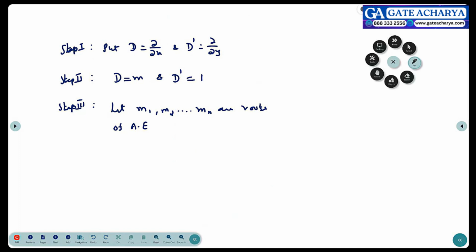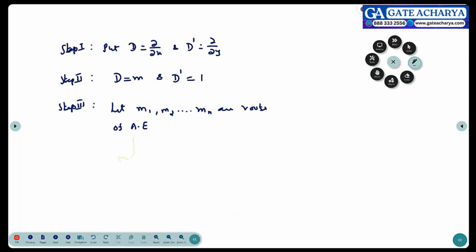So this is the process of how to solve higher order partial derivative equations. D is dou by dou x, D dash is dou by dou y. When this comes, put D as m and D dash as 1. This is an assumption, don't forget it. D is equal to m, D dash equal to 1. Now similarly m1, m2, etcetera, mn are the roots.